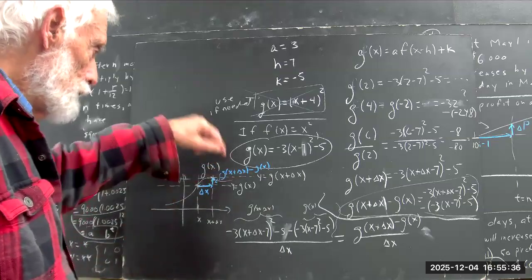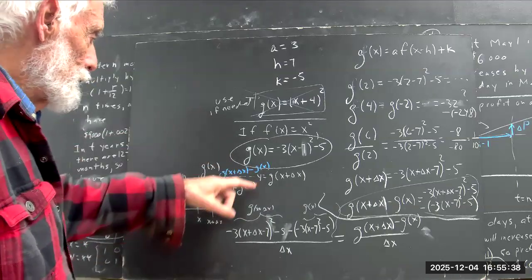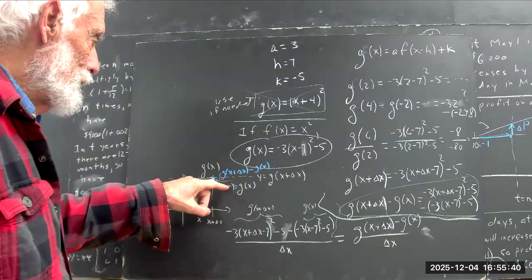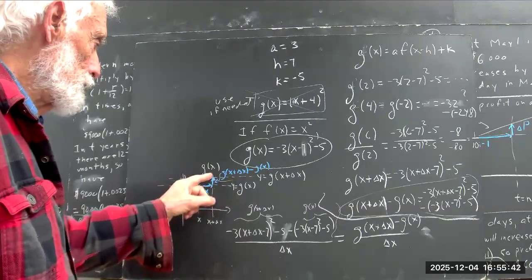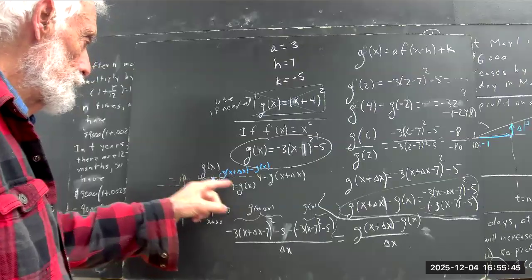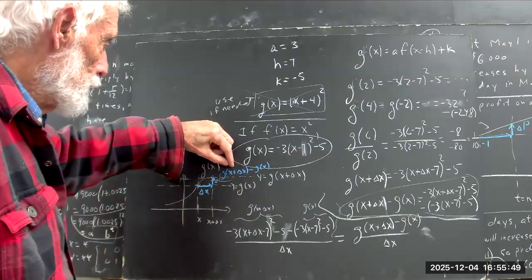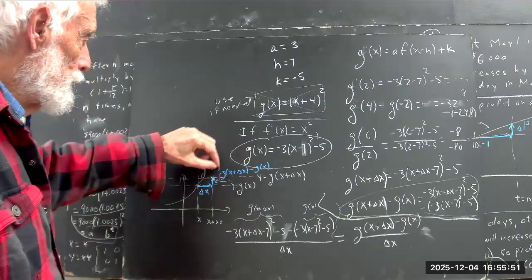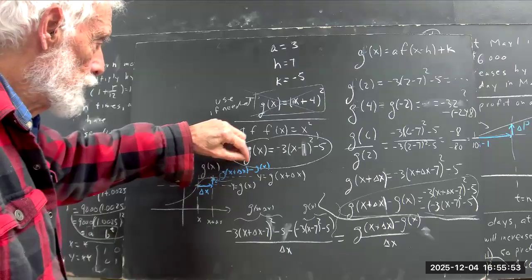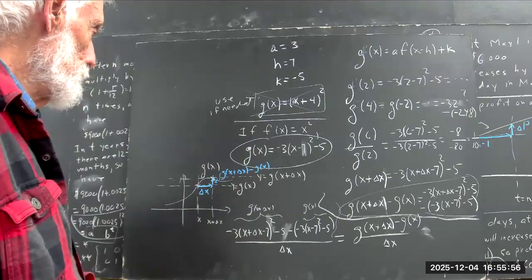And you got here, if you can read it, you're going to take this and subtract it from this, and that's how far you go here. You're going from here to here, so you subtract g of x from g of x plus delta x. So this distance, this arrow here, represents g of x plus delta x minus g of x.